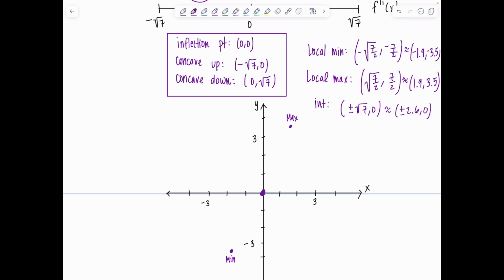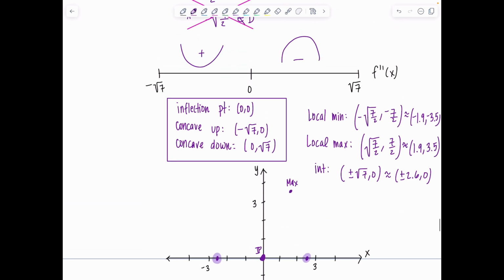And then the intercepts, those are very important. So plus or minus 2.6. And remember, these are the endpoints of the graph because the domain is restricted. So don't put arrows. This is like literally where the graph ends. Okay, from here you should be golden. 0, 0 is an inflection point. Okay, we can tell the people that also. And then look, the graph was concave up on the left of 0.